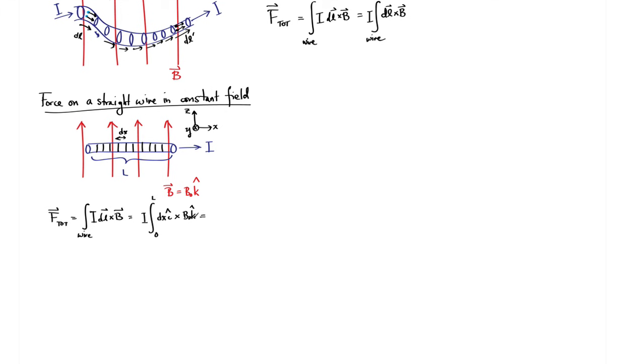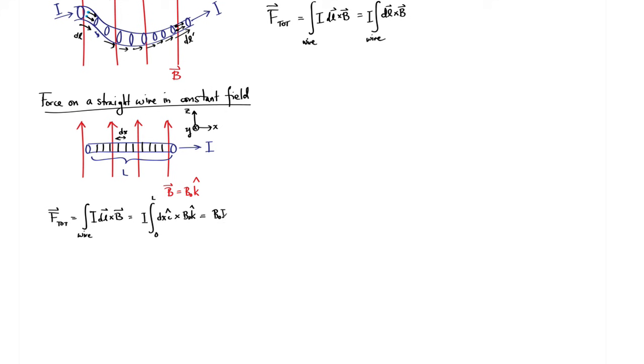Now, i hat cross k hat. If I use the right hand rule, i hat, x, cross z, points basically out of the screen. So this cross means y is into the screen, so that's going to be in the minus y direction, okay? So what I'm left with is a constant B naught, which I can factor out.